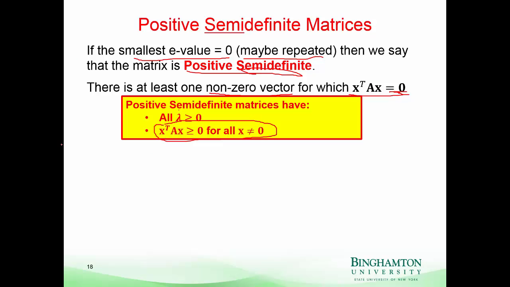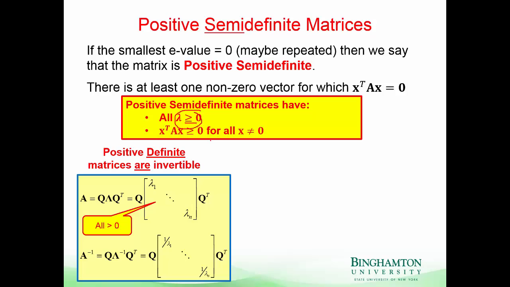And the result that we usually drive towards once we have that definition is that some of the eigenvalues will be equal to 0. If they were all greater than 0, technically it would satisfy this, but we wouldn't call it positive semi-definite. We would call it positive definite. So you have to have at least one 0-valued eigenvalue.